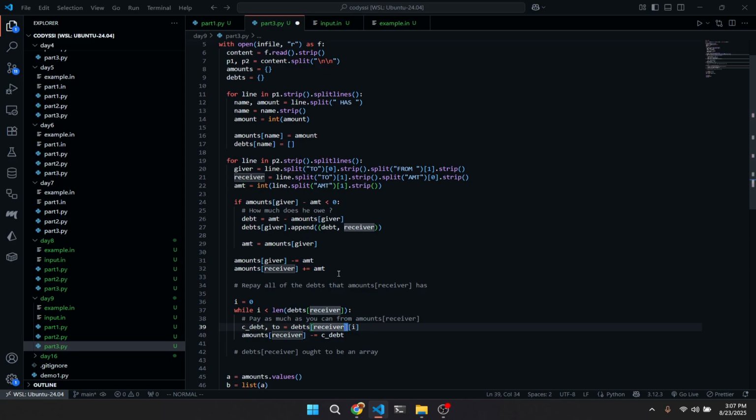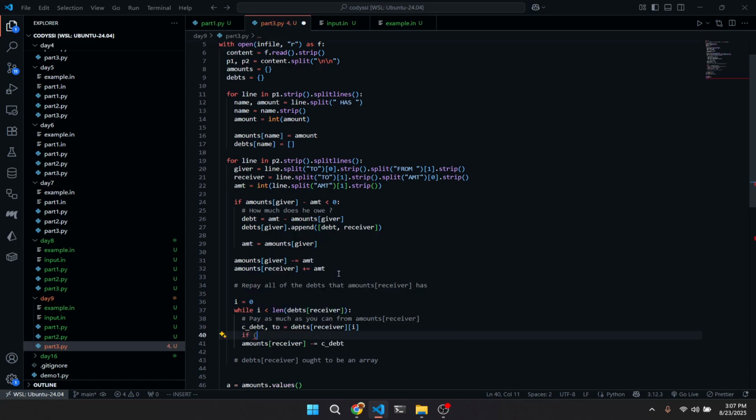So we want to try repaying this, so that's how much we have to pay. Well, the problem with doing this is that tuples are immutable, and actually I want to be able to mutate that, right?